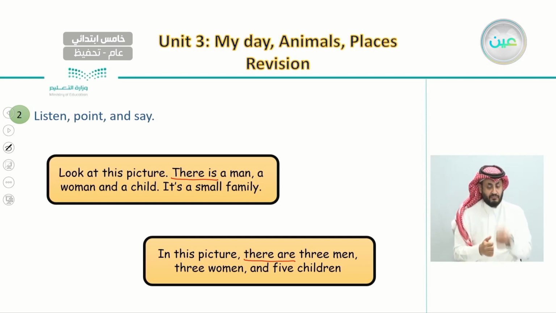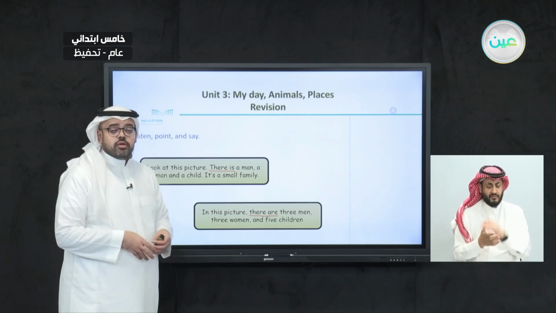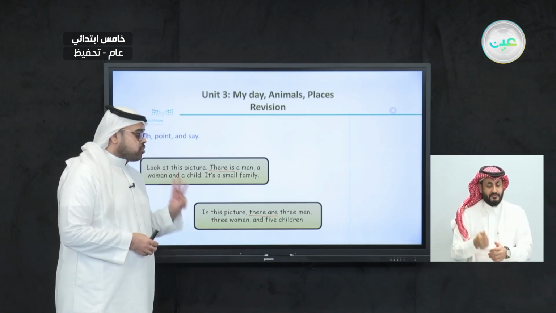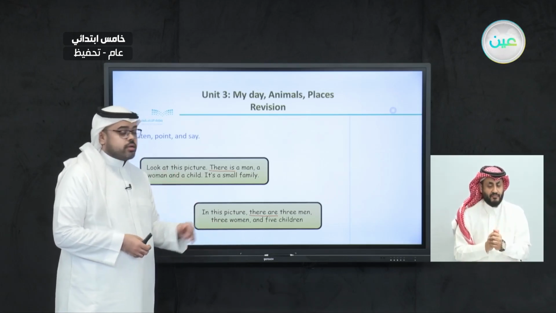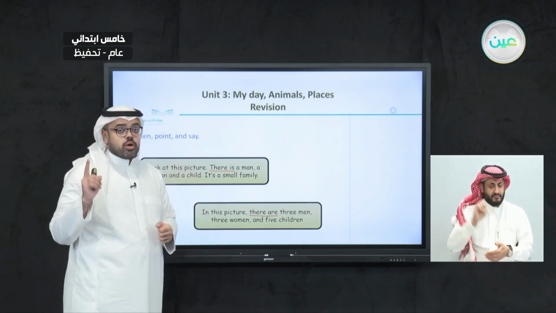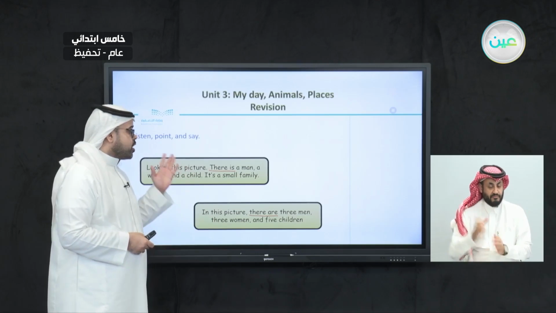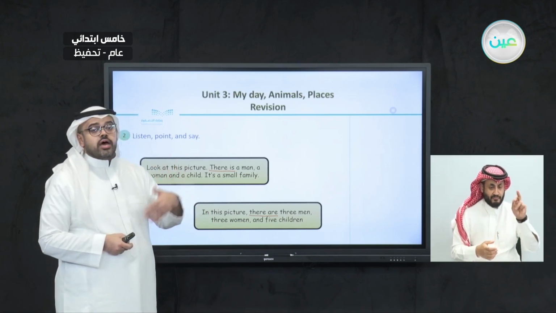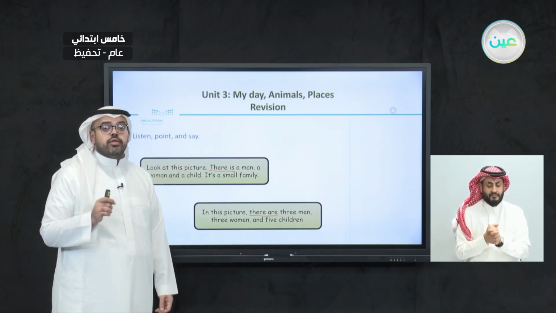In the second picture, as you can see in your books, you have 3 men, 3 women, and 5 children. So for one person, we say there is, but if we have more, we say there are.